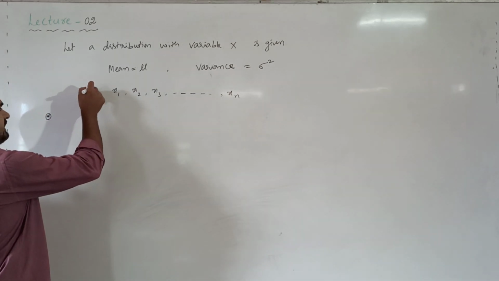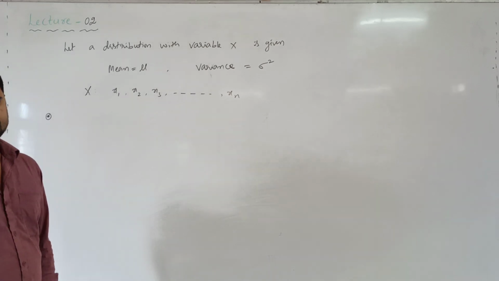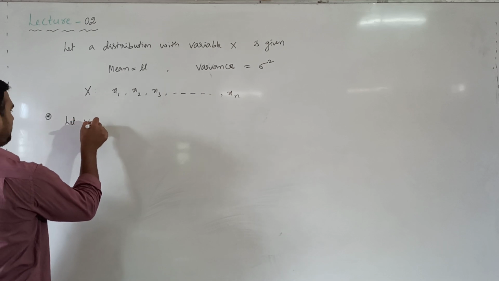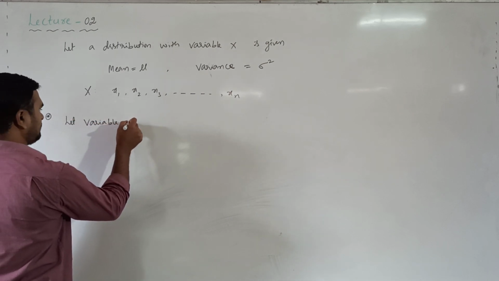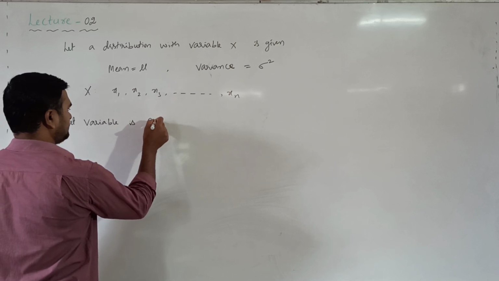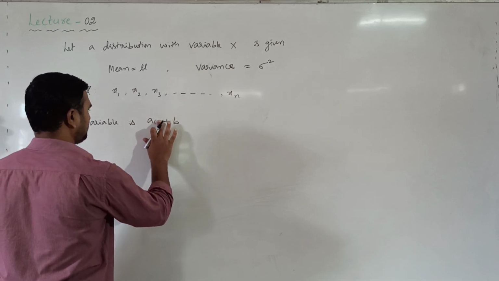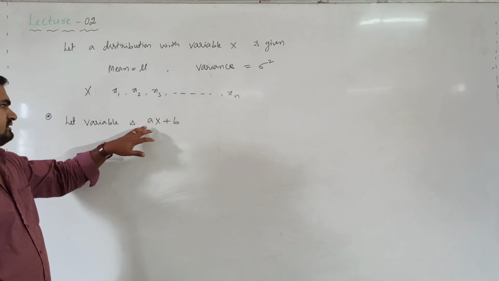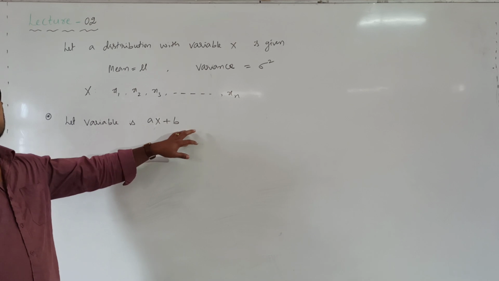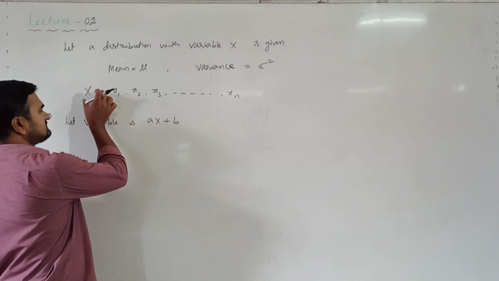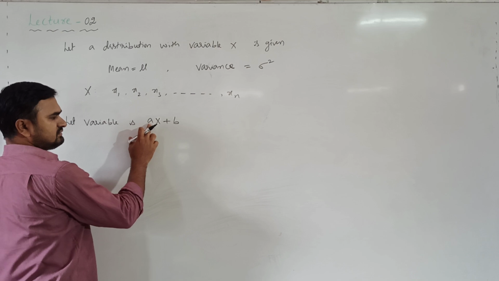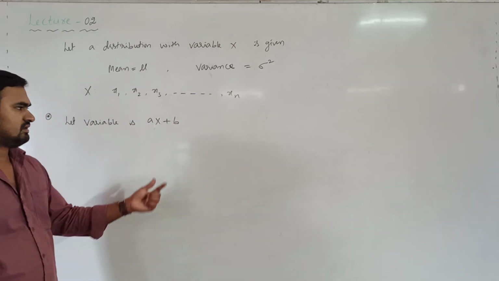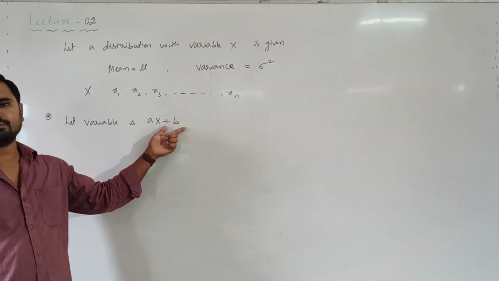Now we'll multiply, add and subtract these observations. So let us take the variable as ax plus b. If the variable is in the form ax plus b, it means each of these observations x is multiplied by the constant a, and we add some constant b.